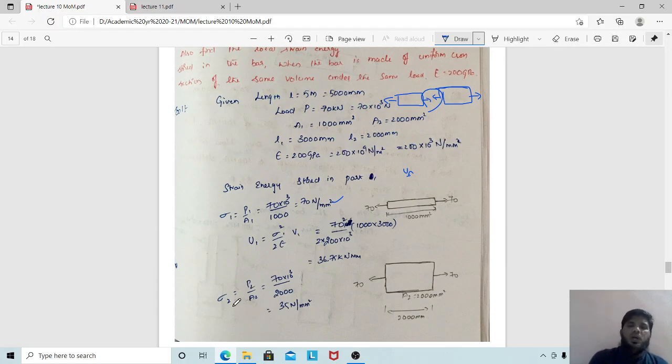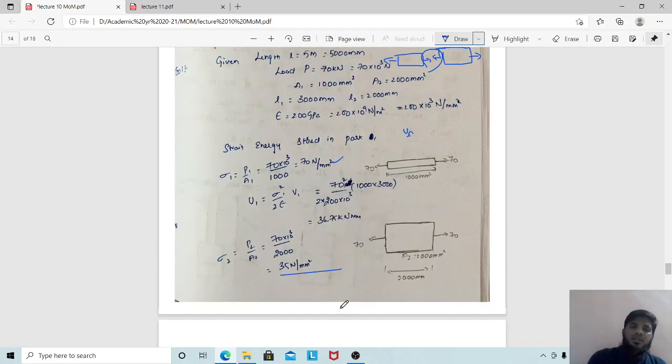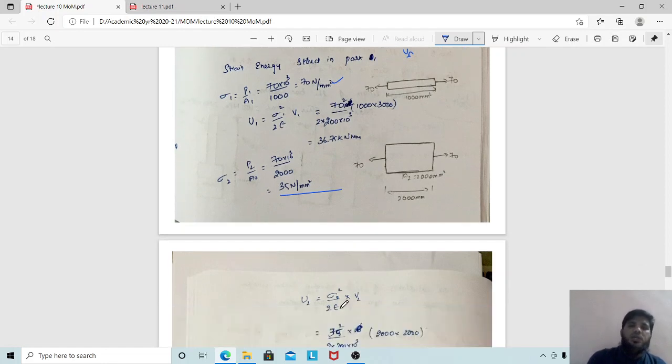So sigma 2 we are going to calculate, that is P2 by A2. P2 is 70 into 10 to the power of 5, because the same load is acting across the whole material. Area is 2000, then we can identify sigma 2 as 35 Newton per mm square. Once you find the sigma value, you can calculate the value of U2, that is sigma square by 2E into volume.